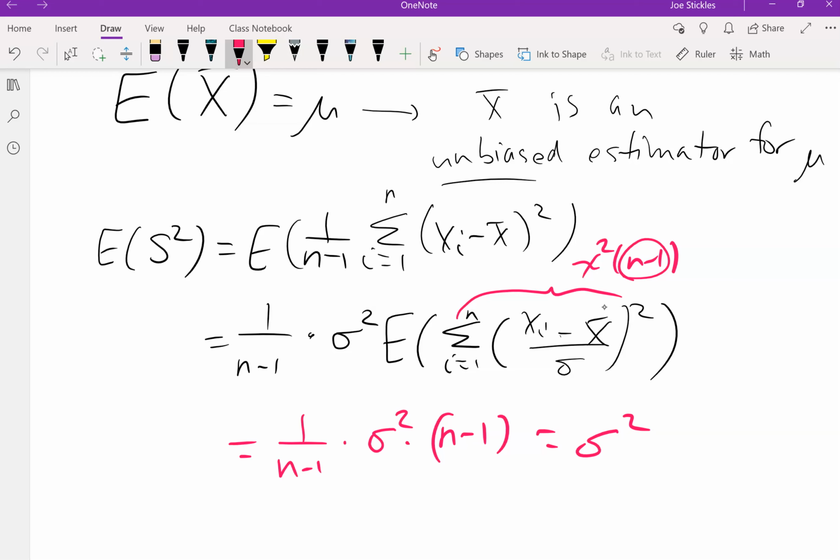So from a practical standpoint, the whole point of doing statistics is trying to estimate population characteristics from a sample. There's lots of different ways you could possibly do that.